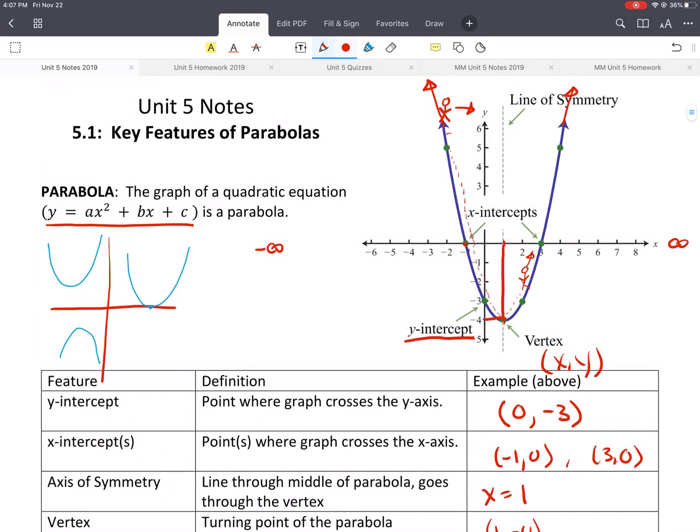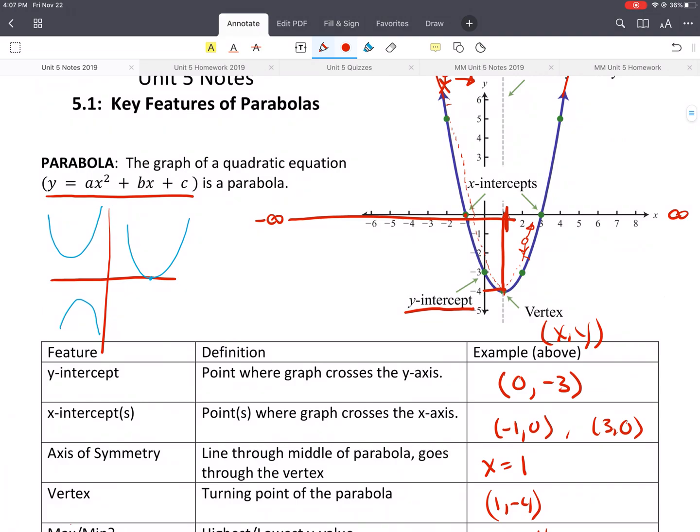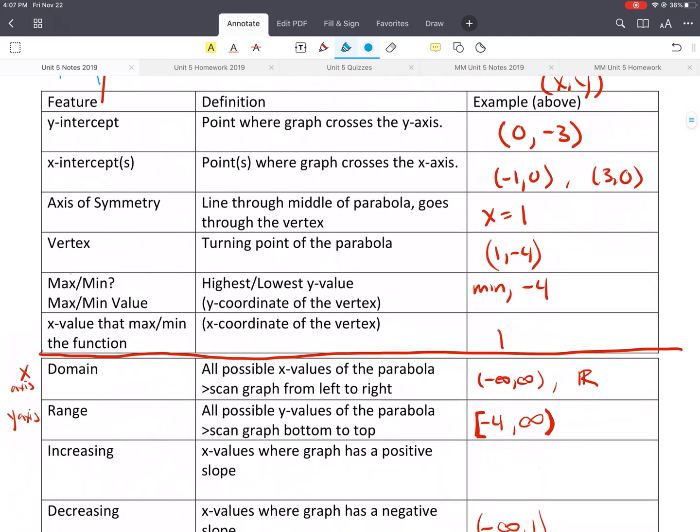So decreasing in this situation starts at -infinity all the way to the vertex, which would be 1. So -infinity to 1. And, oh, sorry, I had that backwards. That was decreasing. I put it in the wrong spot. So decreasing is -infinity to 1. And then it increases as you walk up. Change the color. So from this point on, here you are increasing.